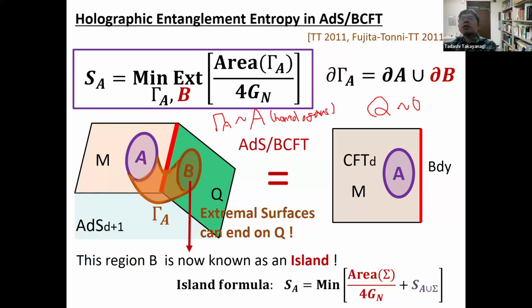Of course, mathematically Q is not trivial, but in physics, because we impose a Neumann boundary condition, any region where we impose Neumann boundary condition should be regarded as trivial. In other words, this part is a non-trivial Hilbert space, but this part is no longer an independent Hilbert space. This is very important also for understanding the black hole information problem. Anyway, this is the prescription.